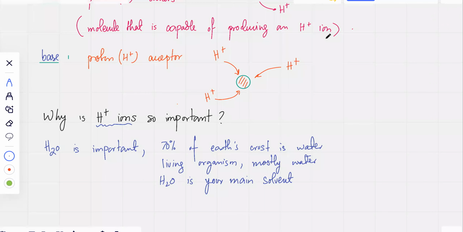Solvent means liquid, okay? Everything is dissolved in water, right? Any reaction that's happening in your blood, all the molecules, the red blood cells and the white blood cells and everything, viruses, etc., all of them are floating in water. So water is your main solvent, and it's your main liquid in which mostly all reactions happen.